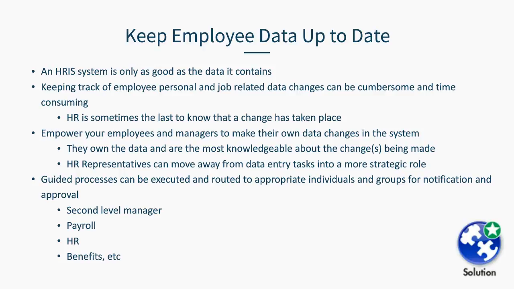So as we all know, an HR system is only as good as the data it contains. If you have faulty or missing information in there, then the system can't run the way that it should. However, keeping track of employee personal information and job-related information can become cumbersome and time-consuming, especially if you're doing it through a paper trail or an email chain.